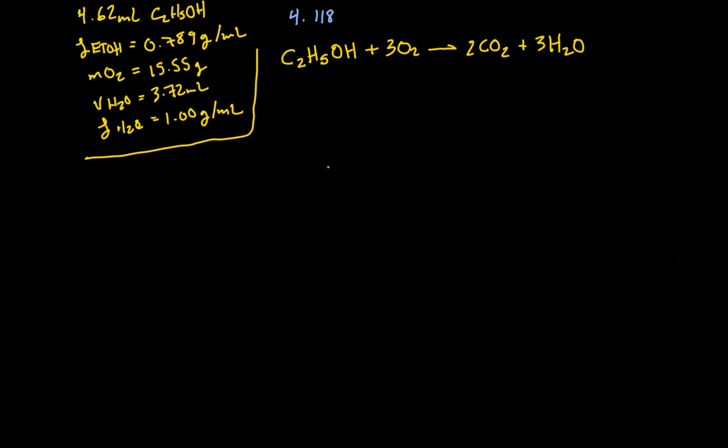Okay, so limiting reagent. Let's start with that. We're just going to find the moles of each of our species up here, and we'll see which we have less of. Let's do ethanol first, since we have all the figures for that.